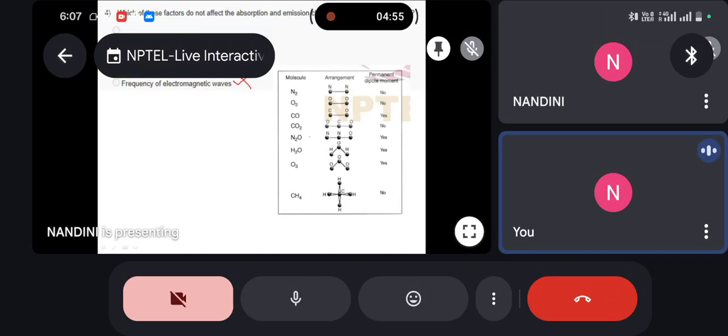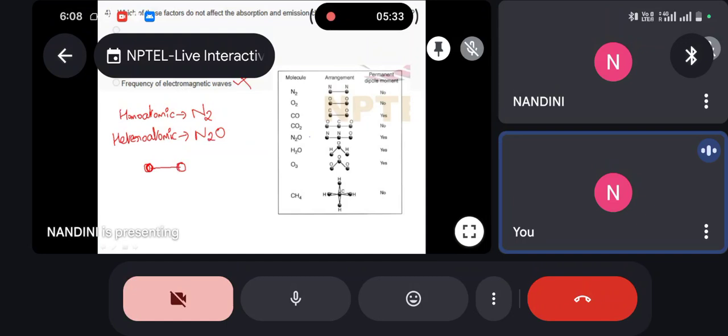So there are different gas molecules in the atmosphere, both homoatomic and heteroatomic. Homoatomic means the same atoms combine to form a molecule, and heteroatomic molecules have different atoms. And the molecular structure of these molecules can be linear, like O2.